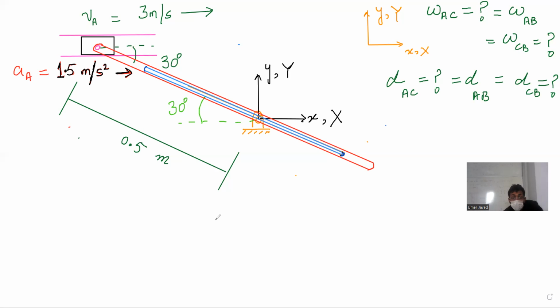I think we cannot do anything if I don't name them. So this is my A. This is my C. Let's call this point my B. I have already explained this question in the last class: because it is a slot, when it comes here, the distance is changing, right?